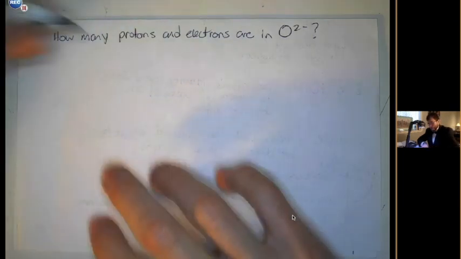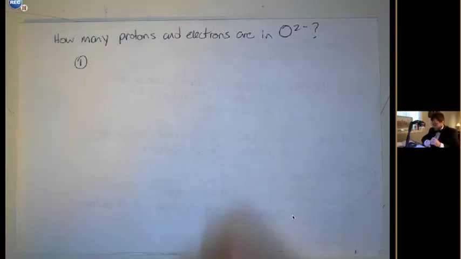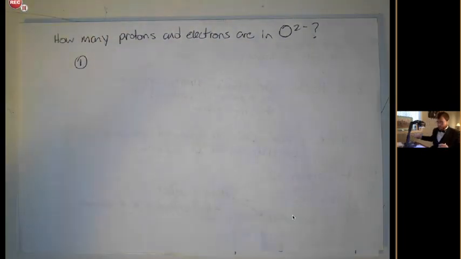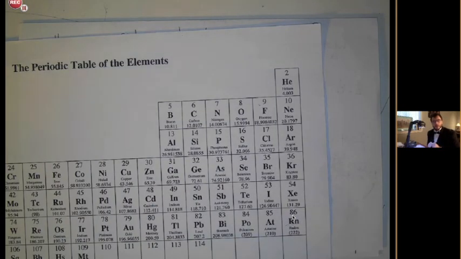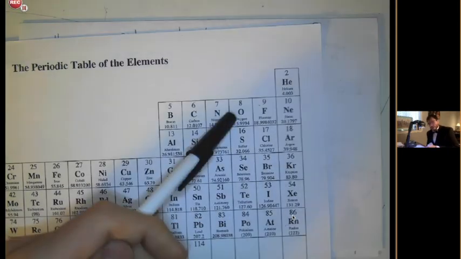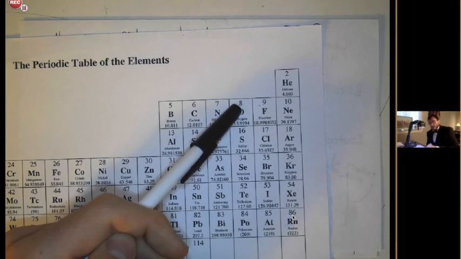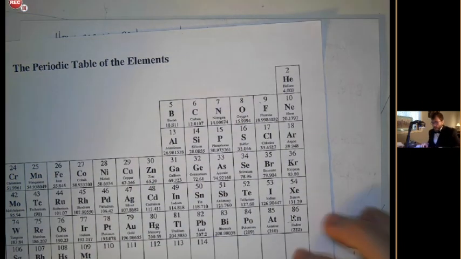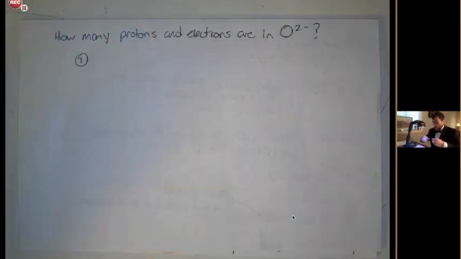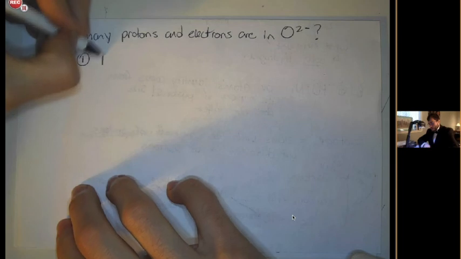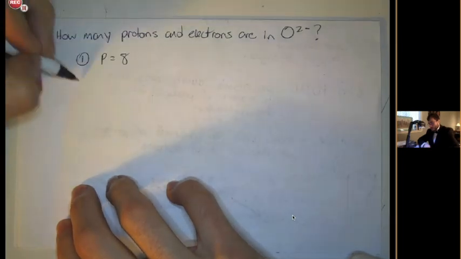The first thing we need to do is find the atomic number of oxygen. Can you find it? Where is oxygen? There it is, it's number 8, and the 8 means that it has 8 protons. So the number of protons is equal to 8.